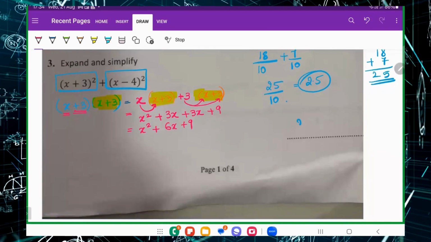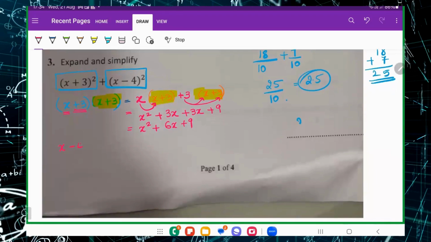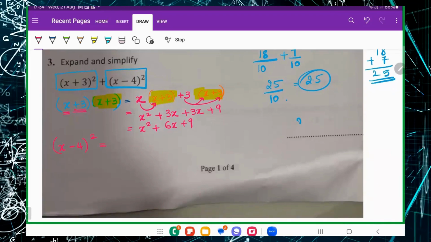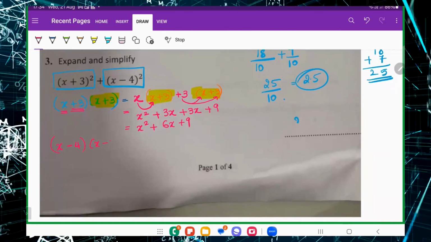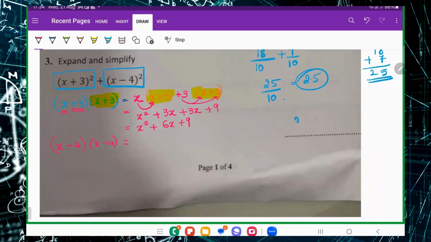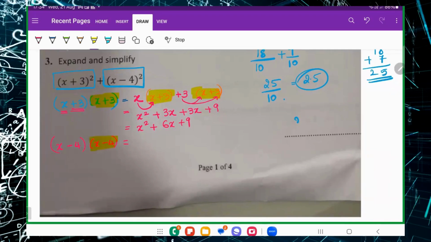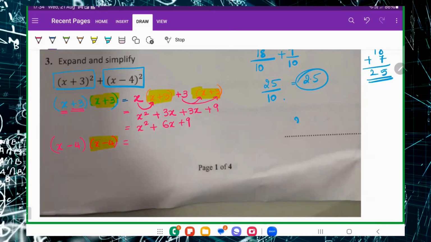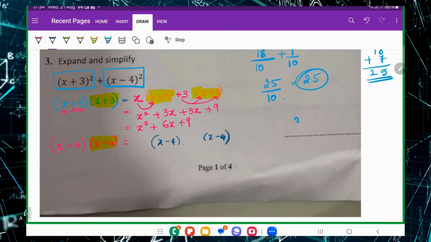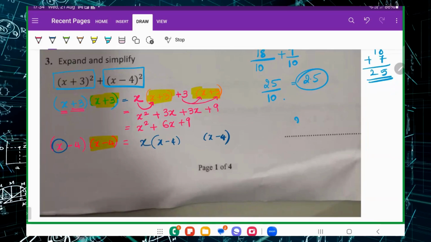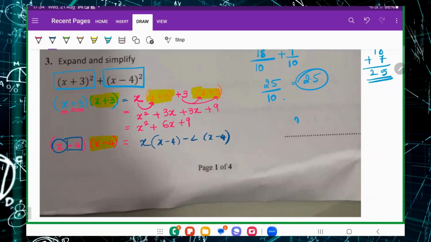Now let's solve the other part, that is x minus 4 the whole square. Again, when I say it is the whole square, it is nothing but x minus 4 and x minus 4. Again, I will write the second bracket twice, which is x minus 4 and x minus 4. You have x here, and you will write a minus 4 here.